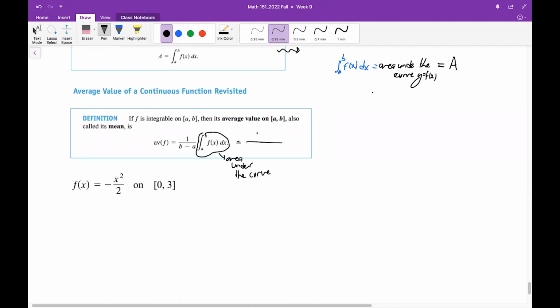Okay, you can rewrite it as area under the curve divided by the length of the interval. Now, as we defined area under the curve with the definite integral, the average value of a function can be rewritten like this with the definite integral notation.